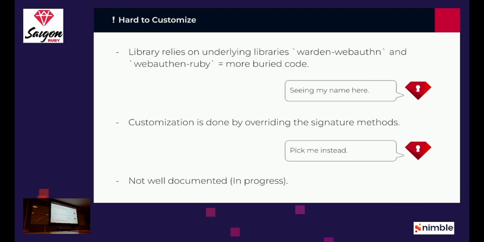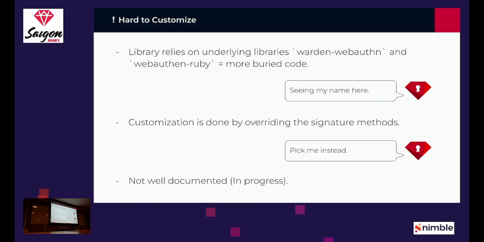It means there is more code underneath this gem, so it's a lot more complex, and customization is quite hard because we need to override the signature method. So in case your app needs a lot of customization, this one is not the right choice as of now, due to its support and implementation.